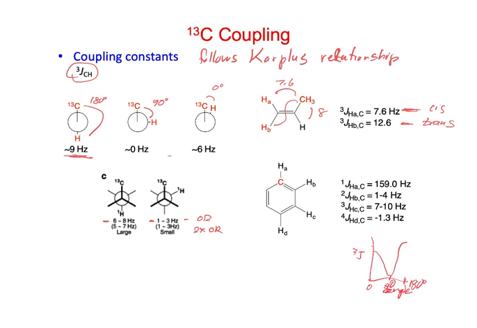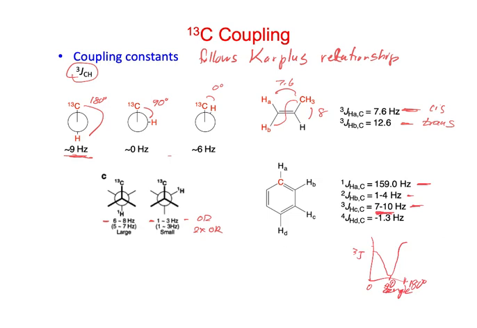And then the other place that we could see some of this is on a benzene ring. So here's coupling to that carbon that's in red. If it's a 1 bond coupling, then it's quite large. And if it's a 2 bond coupling, so this is like the ortho position, 1 to 4, 3 bond is actually bigger.